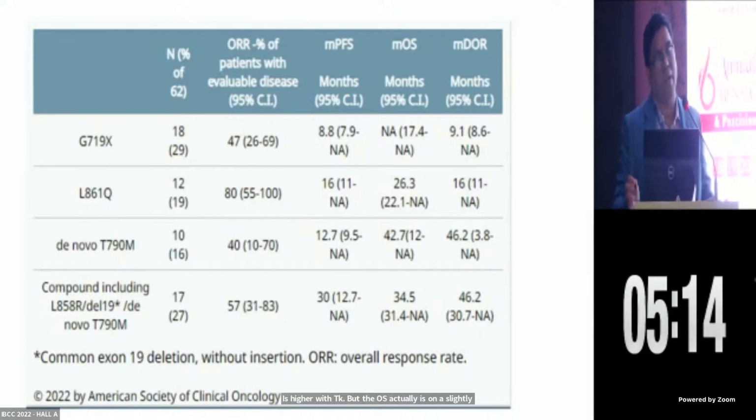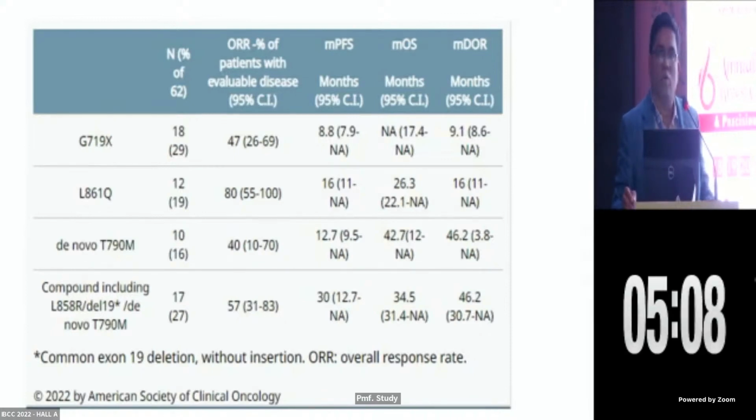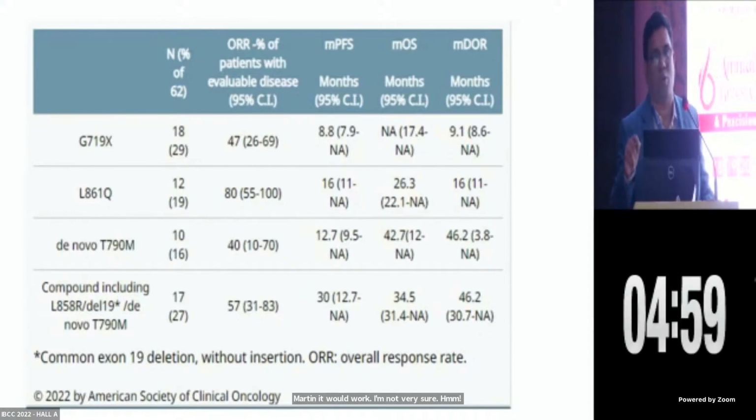That came up in our TMH study also. So whether giving a higher dose of osimertinib would work in these patients, I'm not very sure. But there is data to that extent for leptomeningeal disease, in a JCO publication, but I'm not sure about extracranial transformation.